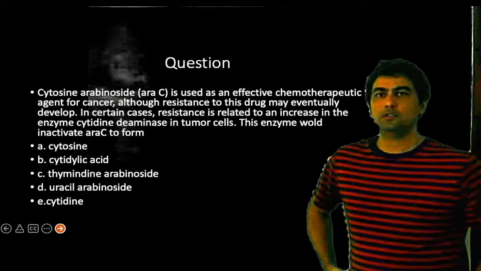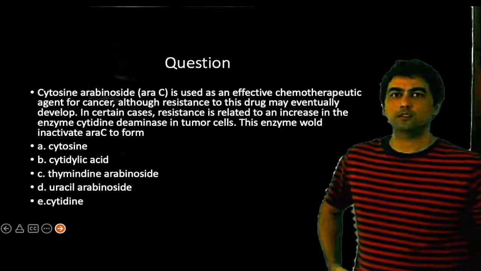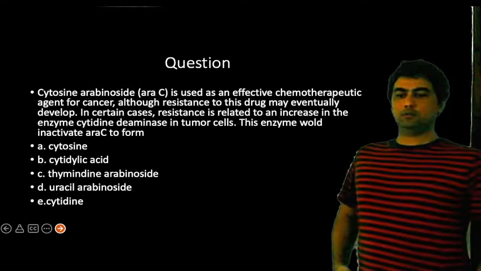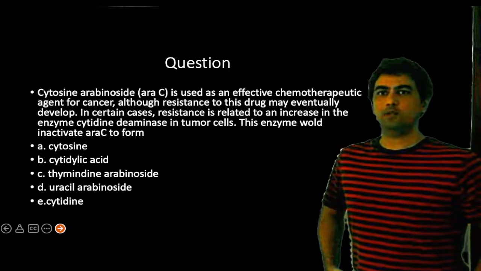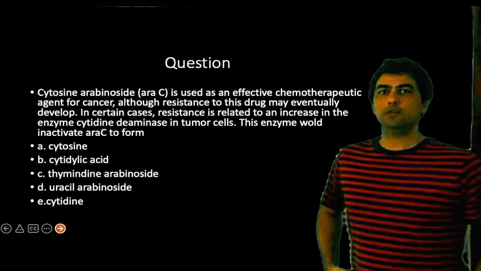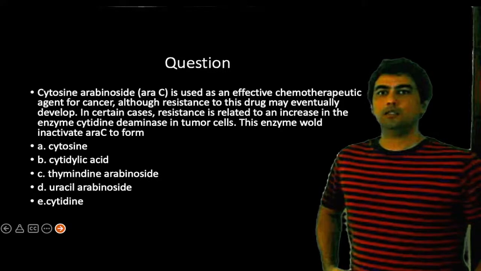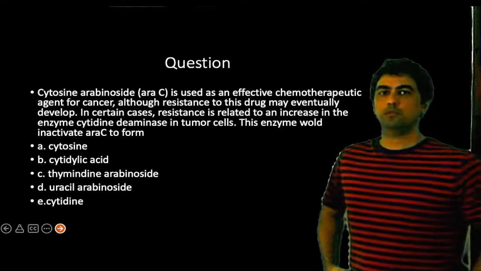Cytosine arabinoside, Ara-C, is used as an effective chemotherapeutic agent for cancer, although resistance to this drug may eventually develop. In certain cases, resistance is related to an increase in the enzyme cytidine deaminase in tumor cells.